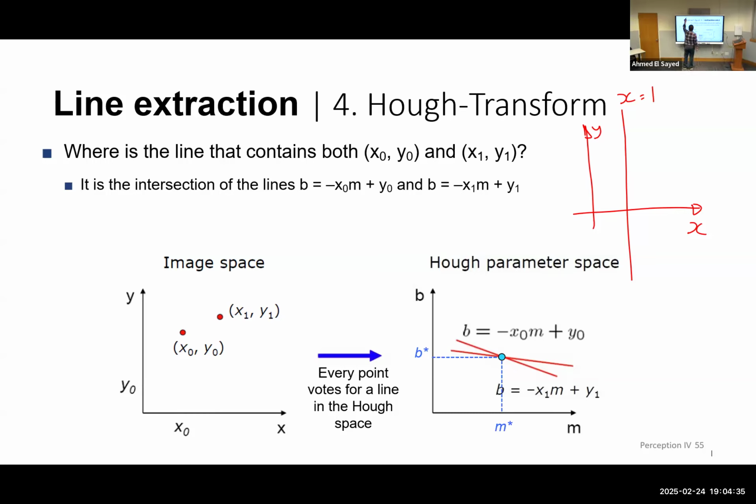The general equation is y equals mx plus b. What is the value of m here? y2 minus y1 by x2 minus x1. No. m here is what? The slope. What is the slope of this one?